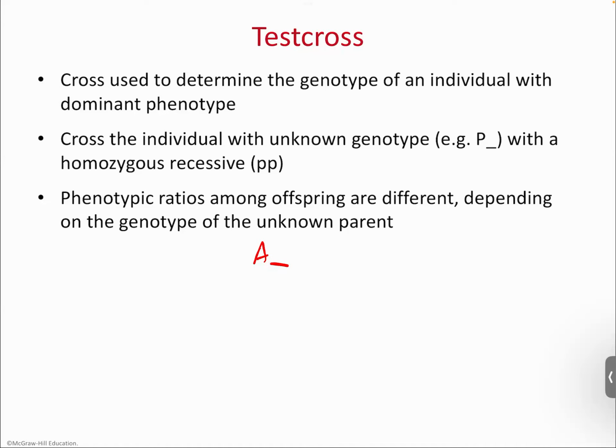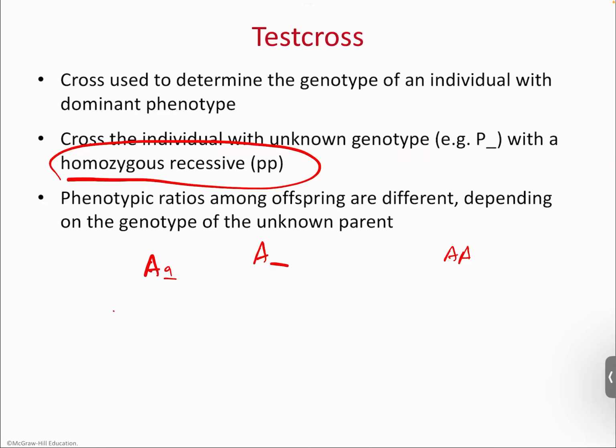So what you have to do is you have to test for it. So this could either be little a, or it could be big A, right? You don't know which one. So in a test cross, what you do is you take your unknown genotype and you cross it with a homozygous recessive.